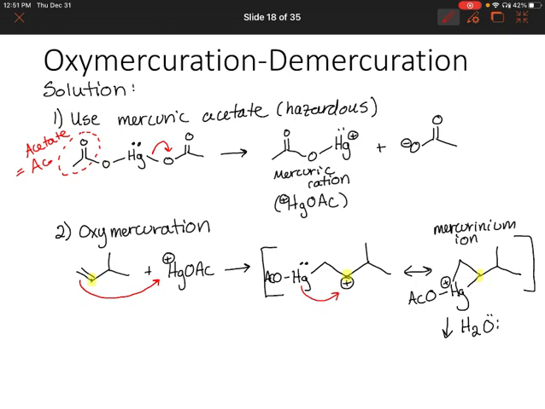So another way of saying that is it attacks the more substituted carbon. And that's going to open up that ring. So then we end up with our water molecule on that highlighted carbon.